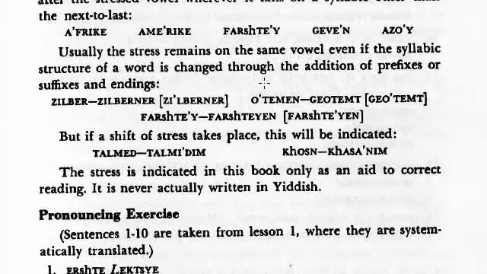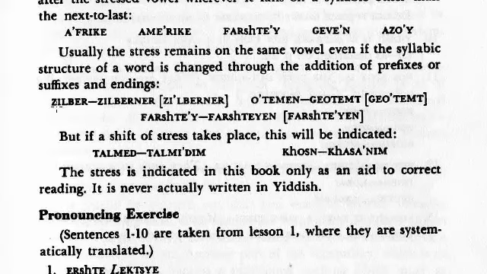If a word is changed through the addition of prefixes or suffixes or endings, the stress usually follows the stem, the original word. So let's take a look. Silber, Silberner. It doesn't become Silberner, as you would assume with the second syllable from the last.